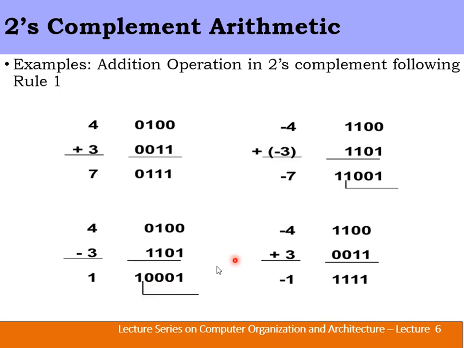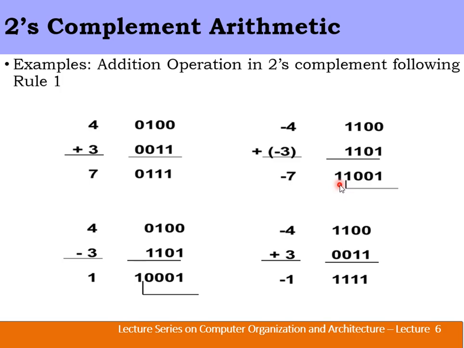Similarly, we have minus 4. Minus 4 is represented as 1100, whereas minus 3 is represented as 1101. Now again you can perform an addition. 0 plus 1 is 1, 0 plus 0 is 0, 1 plus 1 is 0 with carry 1, then 1 plus 1 plus 1 means it is 3. 3 is represented as 11, so we are going to get a carry.